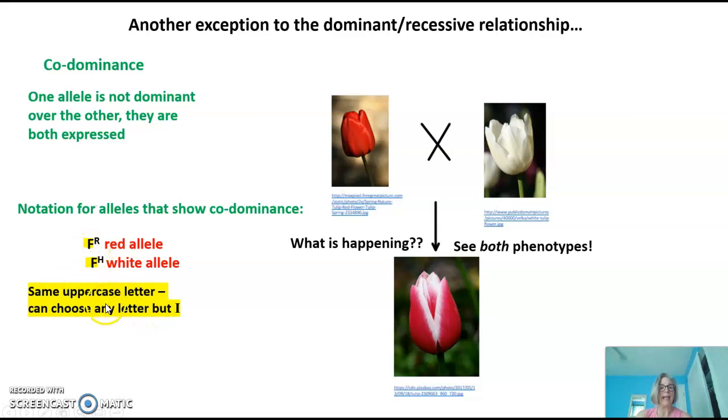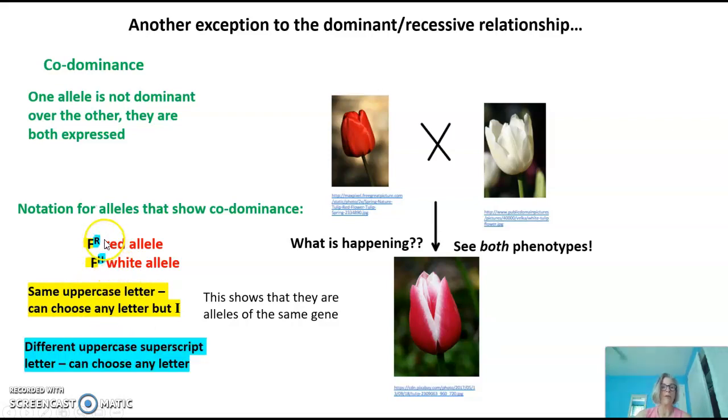And you can choose any uppercase letter except I. I is reserved for blood type. So you need an uppercase letter that is the same, and that shows that they are alleles of the same gene. Then you need a superscript, and those superscript letters have to be uppercase.